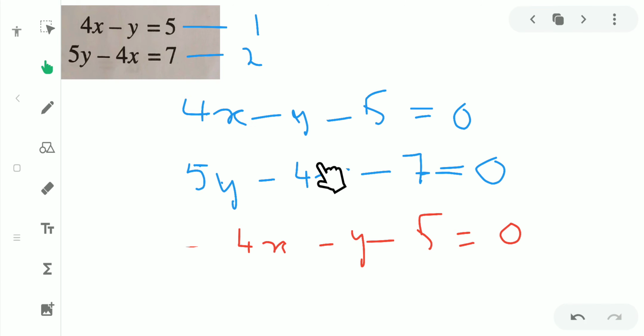So now let us bring 4x in the place of 5y and 5y in the place of 4x, so it will become minus 4x plus 5y minus 7 is equal to 0.